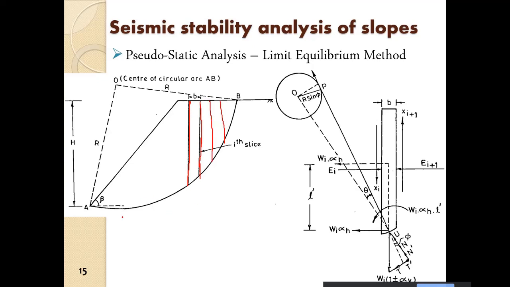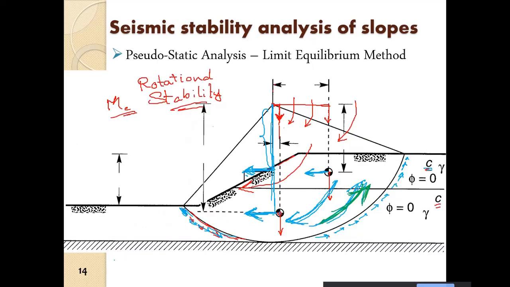And again, as we have discussed in the earlier cases, we first find out the force equilibrium and the moment equilibrium of this slice. Here we have modified it for the analysis of the pseudostatic case.